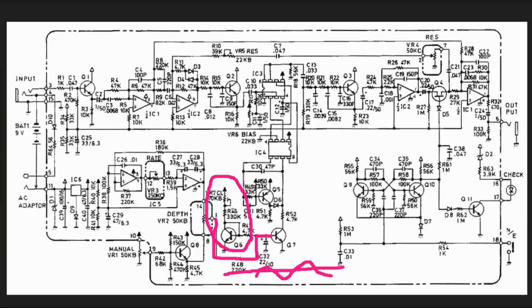So VR 5, 6, and 7 are all trim pots that are used during the calibration process to calibrate the performance of the flanger so that it performs correctly. But once we have the combination of this bias voltage and our LFO voltage on the base of this transistor, that is going to modulate the delay time of the BBD by way of our clock driver chip.